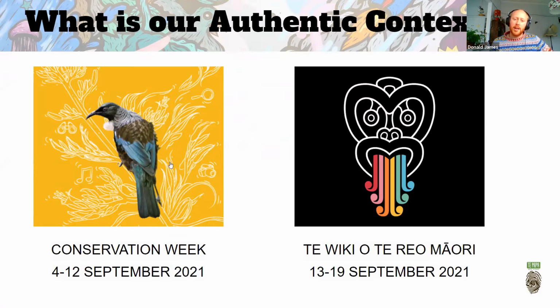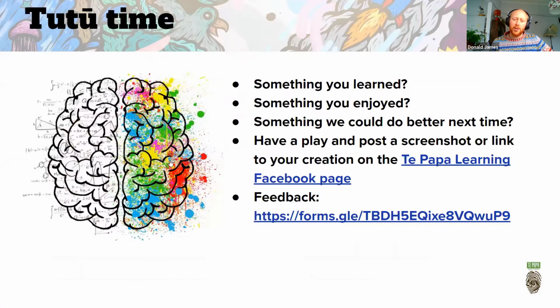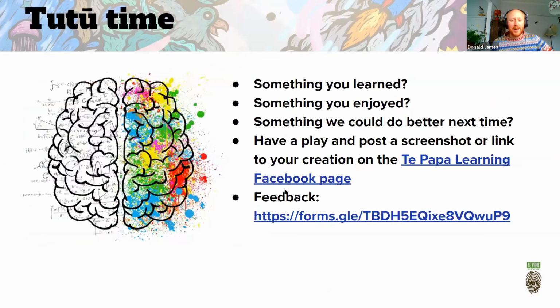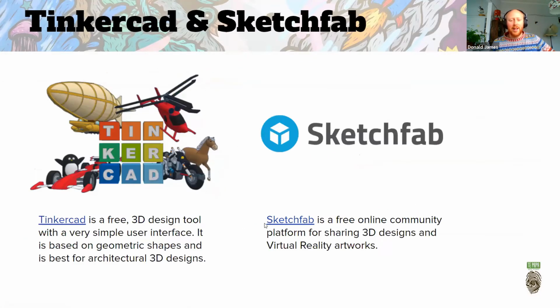So in this session, we are going to be talking about Tinkercad and Sketchfab. I like to put these two together because it's really fun and you can make really cool things happen in both of them.